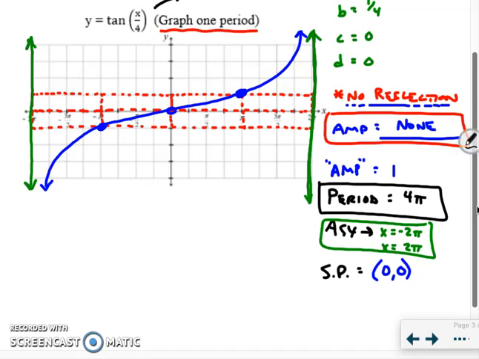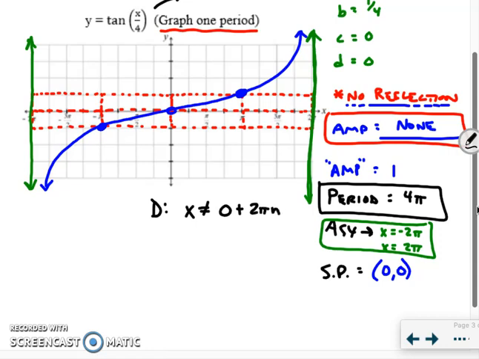We're supposed to comment on the domain and the range. So the domain of this problem, and I think I told you guys this yesterday, we're not going to ask you for the domain on a tangent because it's not that you can't do it, but it's just going to be really hard to figure out. Again, the way that we would actually have to do it is we'd have to say something like, x could be equal to anything except for 0 plus 2 pi.